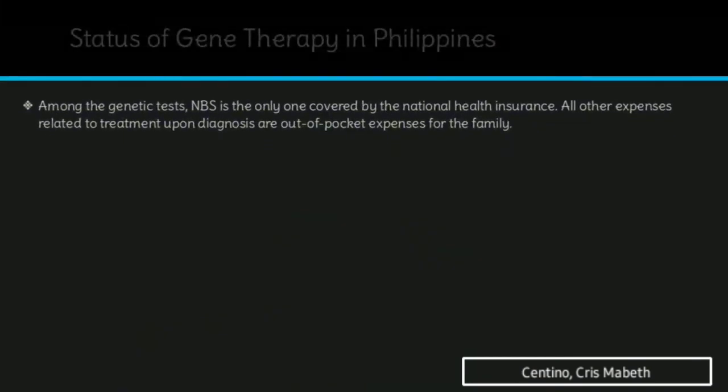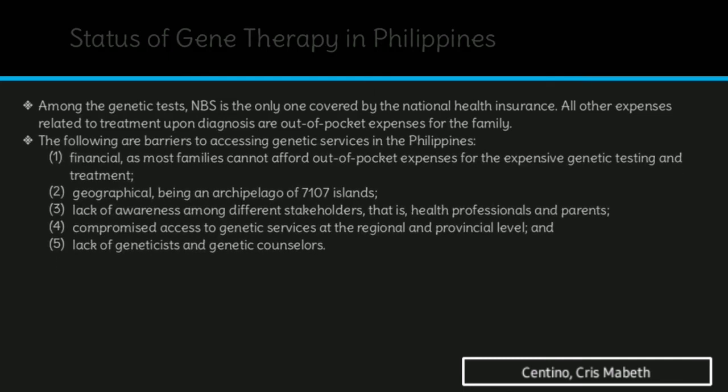Among the genetic tests, NBS is the only one covered by the National Health Insurance. All other expenses related to treatment upon diagnosis are out-of-pocket expenses for the family. The following are the barriers to accessing genetic service in the Philippines. First, financial, as most families cannot afford out-of-pocket expenses for the expensive genetic testing and treatment.